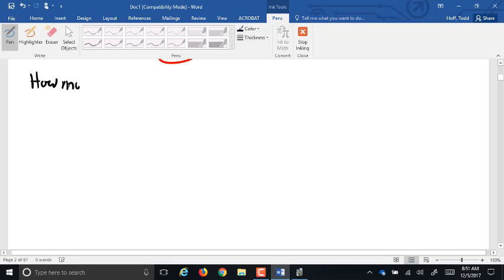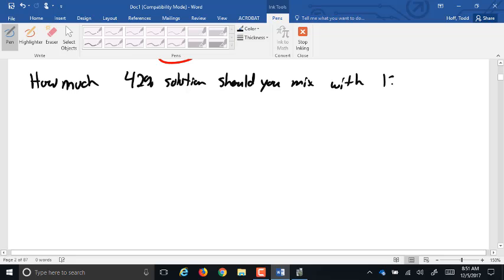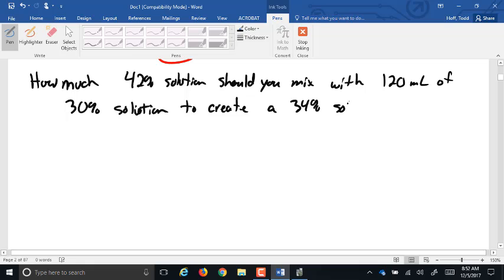How much 42% solution should you mix with 120 milliliters of 30% solution to create a 34% solution?